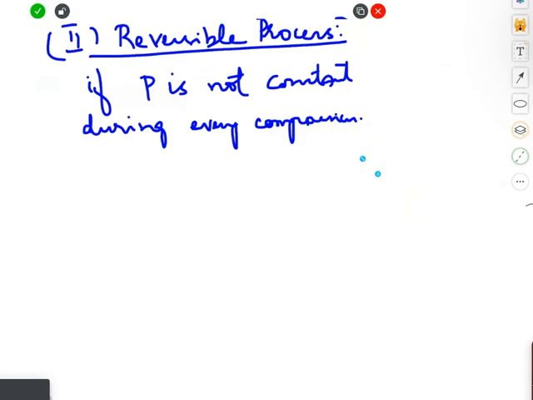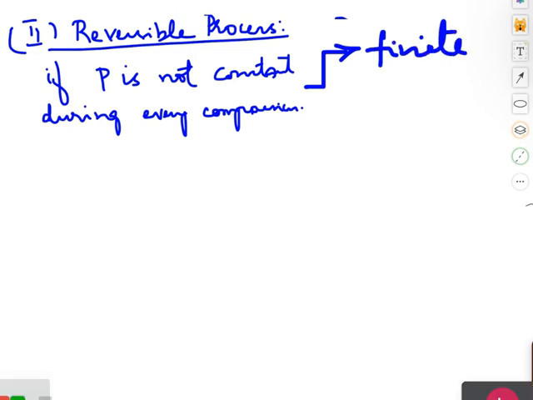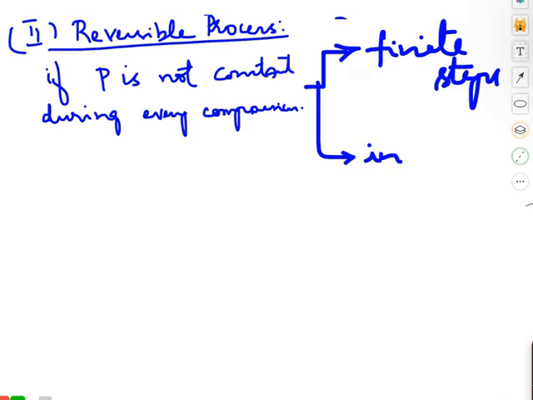And this also occurs in two stages. One occurs in finite steps, and in the other one, the external pressure is infinitesimally greater than the pressure of the gas.